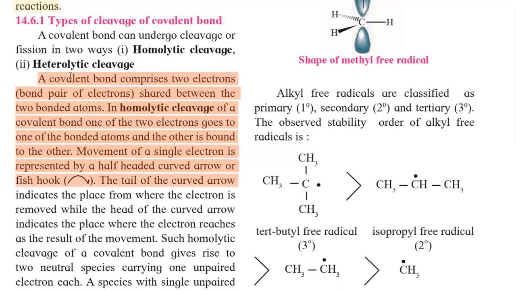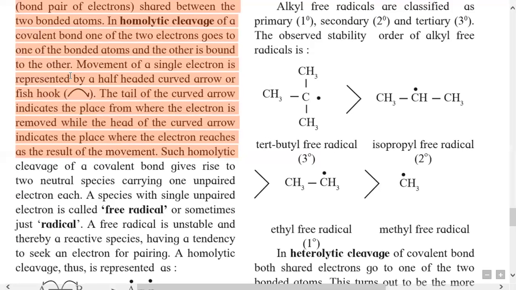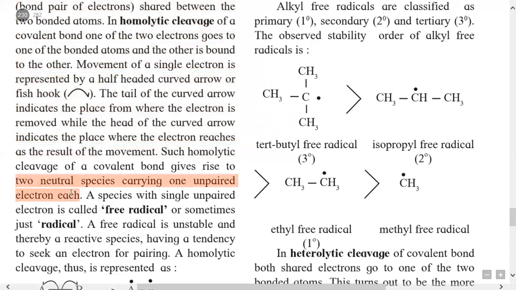The tail of the curved arrow indicates the place from where the electron is removed, while the head indicates the place where the electron reaches as a result of the movement. Such homolytic cleavage of a covalent bond gives rise to two neutral species, each carrying one unpaired electron.